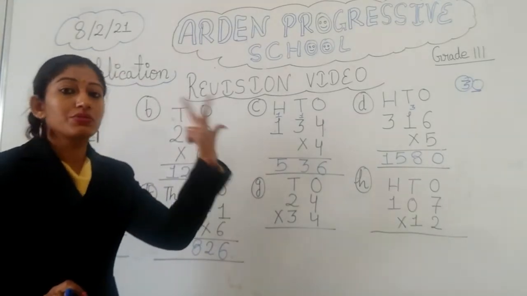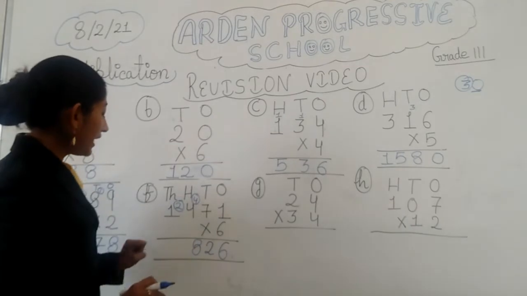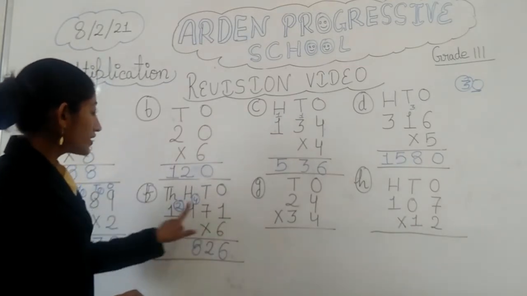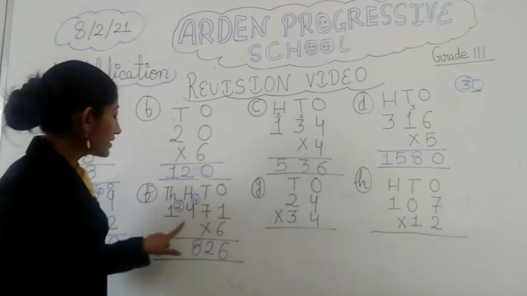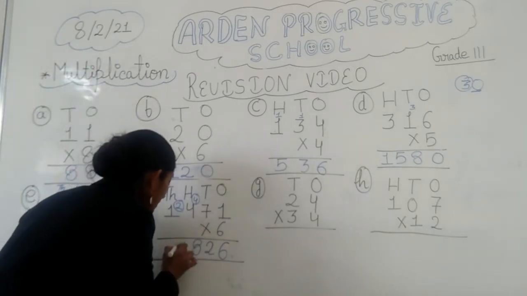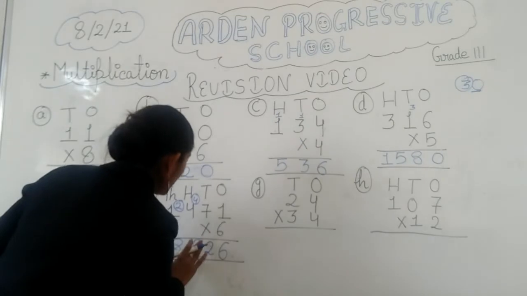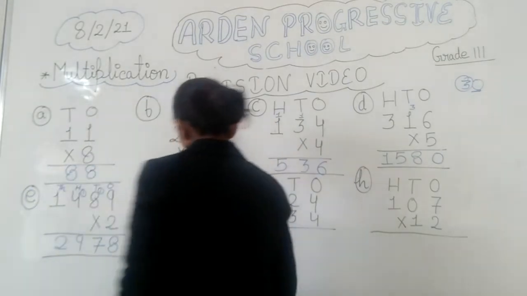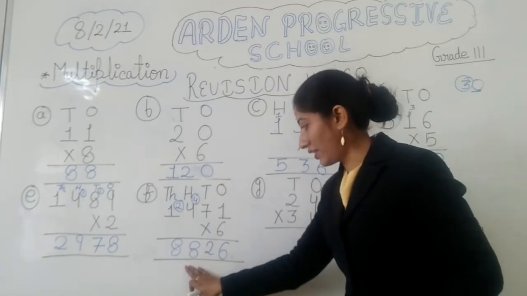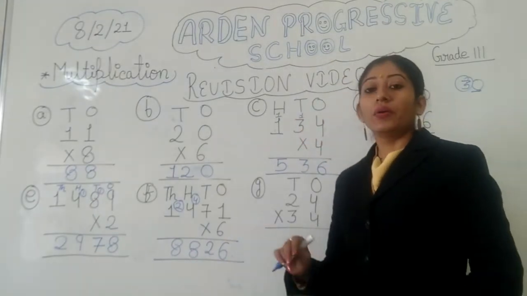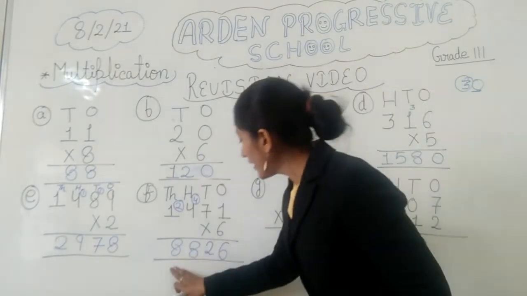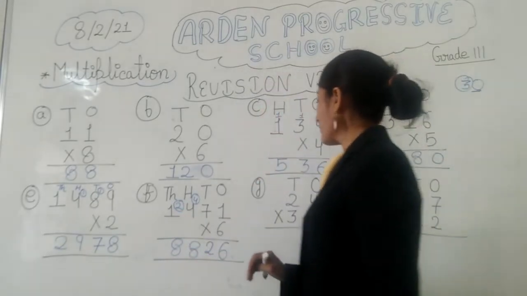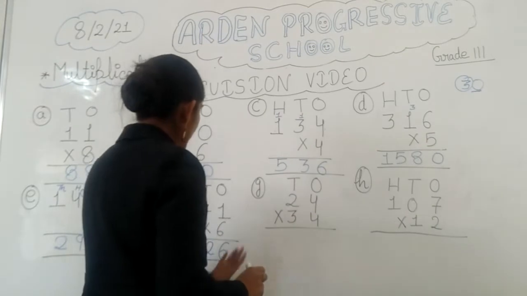Now 6 into 1 is 6, then 7, 8. What is coming here? 8. So what answer we are getting? We are getting 8,826. Now this is done.